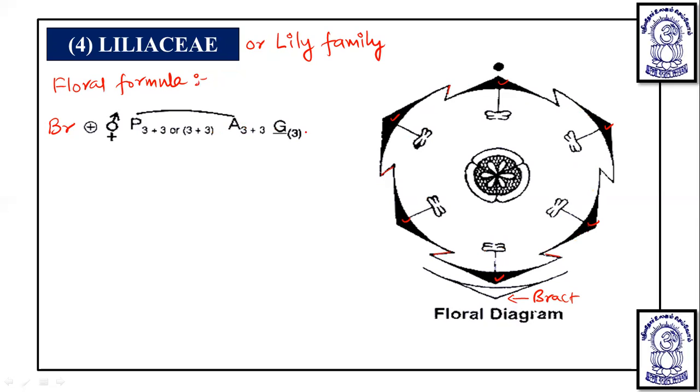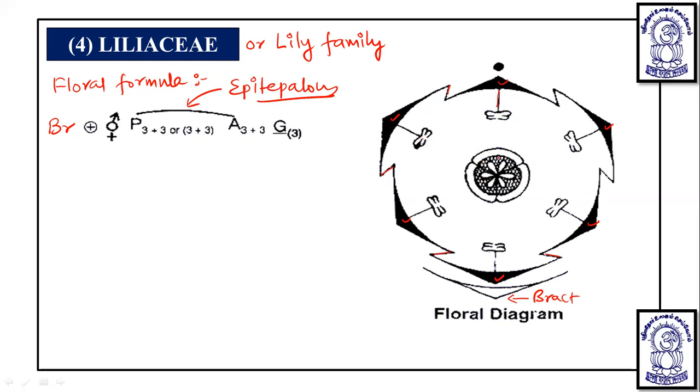Then in the androecium there are 6 stamens, 3 plus 3: 3 stamens are fused with the outer tepals and 3 stamens are fused with the inner tepals. And it is showing the epitepalous or epiphyllous condition. You can see this fusion.